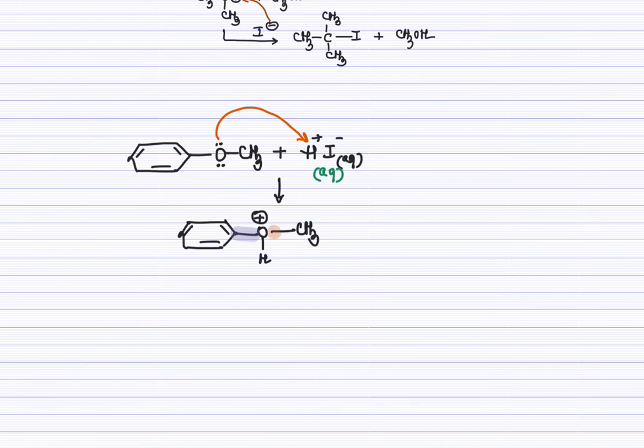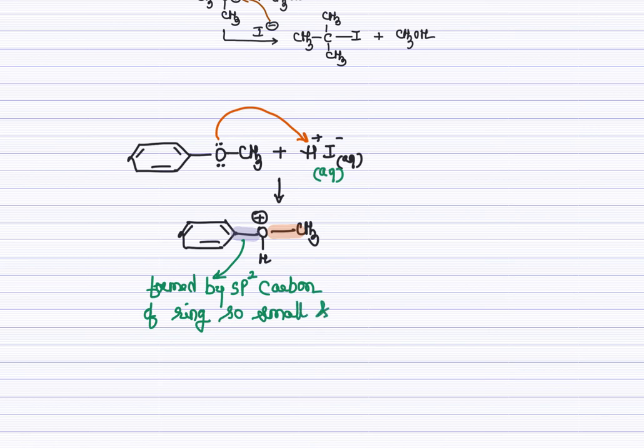Consider these 2 bonds here and let us understand what they are. This is formed by the sp2 carbon of the ring, so it is small and difficult to break.